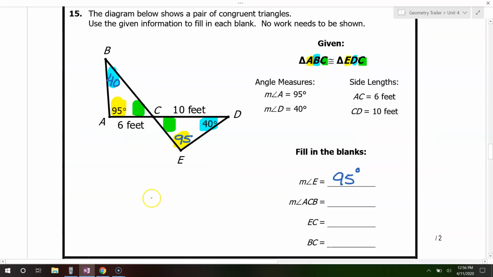So that's 45. So that means this has to be 45 and 45. Now, one of those is the angle that we were looking for right here, 45 degrees, angle ACB. ACB is this green angle on the left.